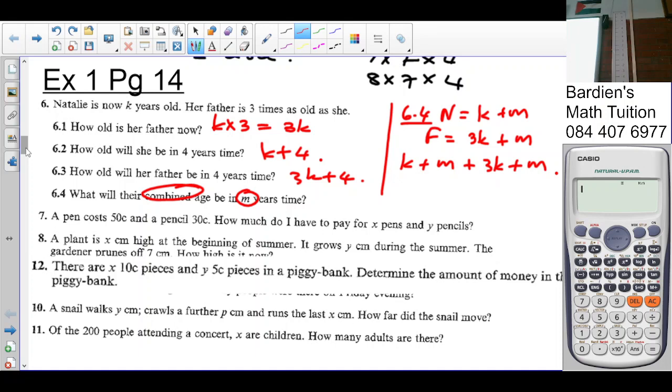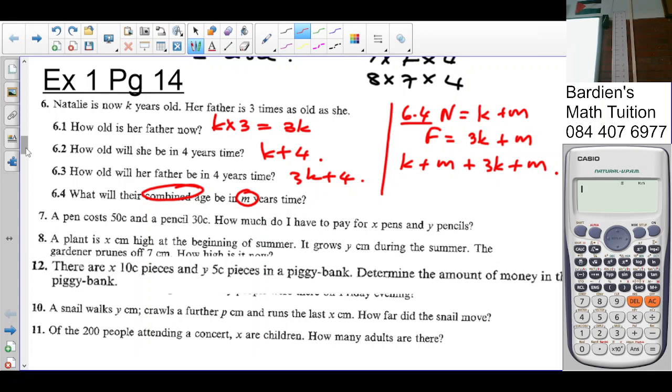If you got 4K is good. If you got 1,000 rand, 1K, and somebody gives you another 3,000 rand, you're going to have 4,000 rand.